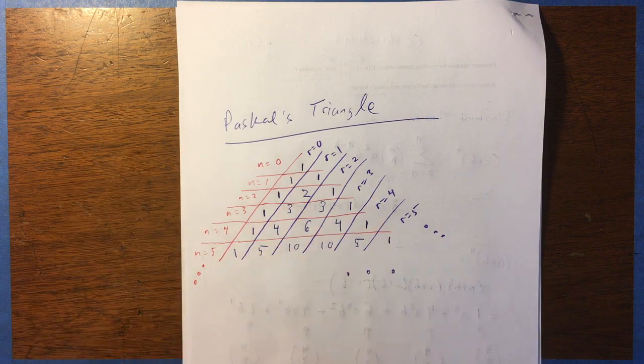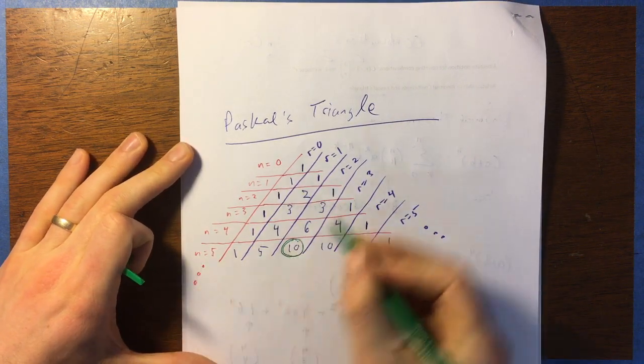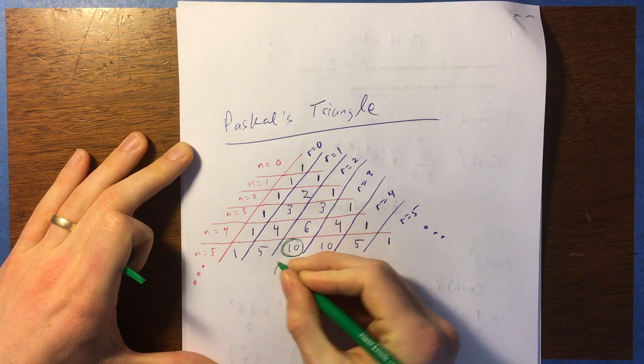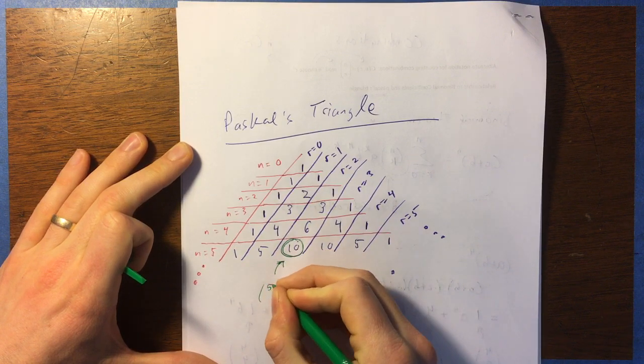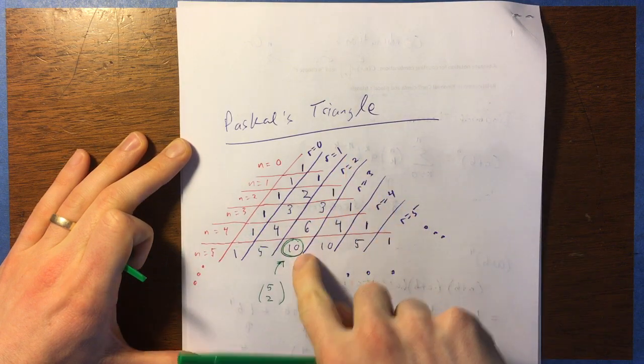Okay. And so then, looking through here, if you look at one of these numbers, this is the 5th row, 2nd column. So this right here is the value of 5 choose 2. It's always n choose r. 5 choose 2 is going to be 10.